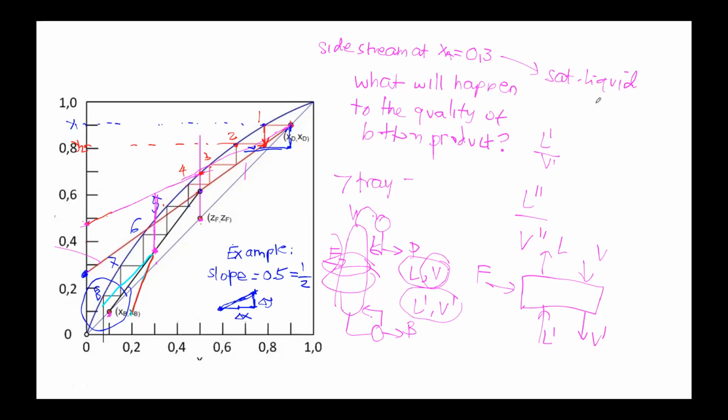Because the slope is this one, right? This one is lower than this one, or higher? Higher. Side stream, you take out the liquid. Wait. It would be lower, right? Yeah, if we take it away, then the blue line. So that's what I'm thinking.